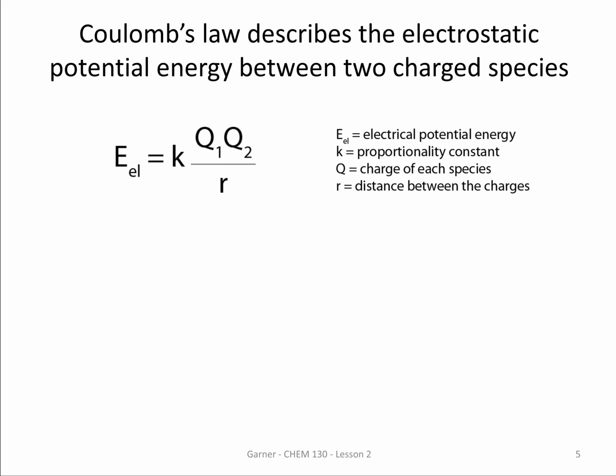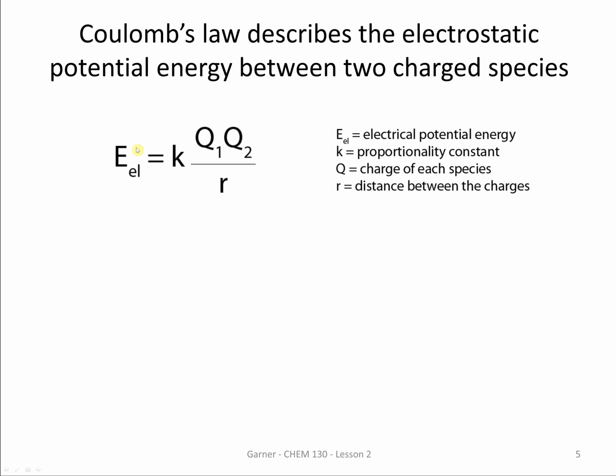So the potential energy that's associated with interactions between charged objects is described by the equation that we're showing here, Coulomb's law. So Coulomb's law describes this potential energy as a function of the charges of the species that are involved, as well as the distance between those charges.